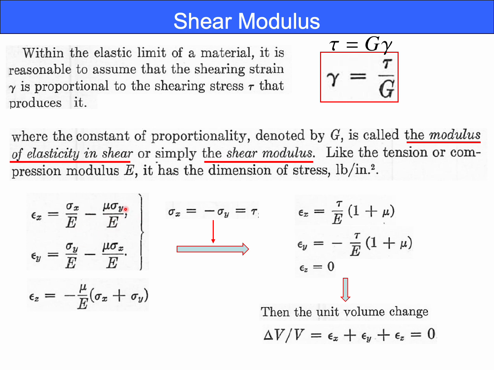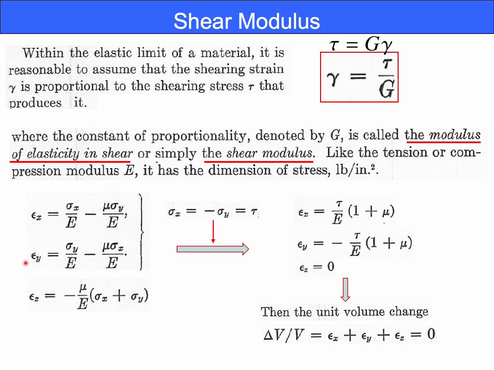And when sigma y is in tensile state, shrinkage is observed, and we assume that the strain caused by the perpendicular direction's tensile stress is proportional, and the coefficient of proportionality is Poisson's ratio.